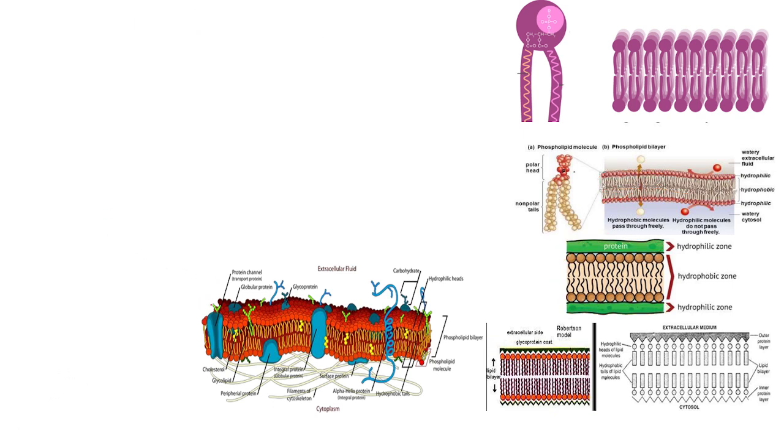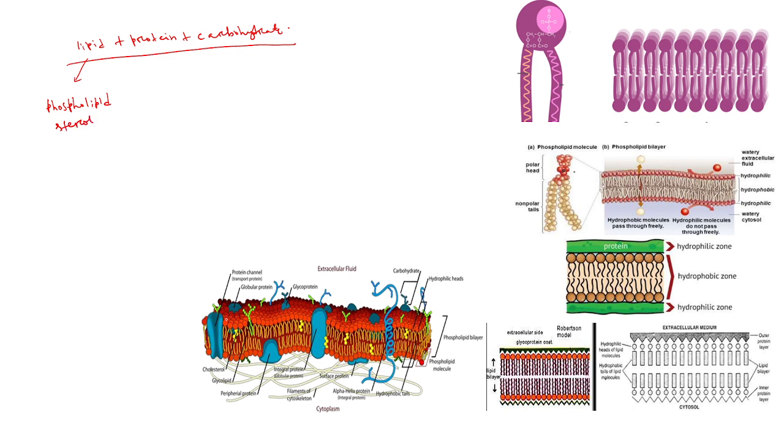So this is the fluid mosaic model. According to that, the plasma membrane contains lipid plus protein plus carbohydrate. Okay. So what types of lipid are present? One is called the phospholipid. Another is called the sterol.